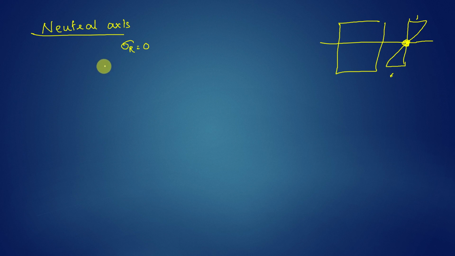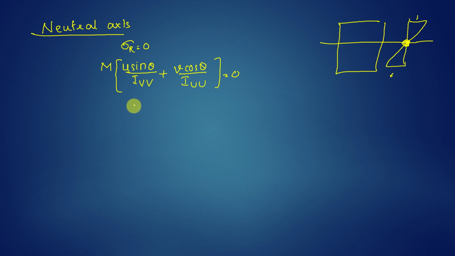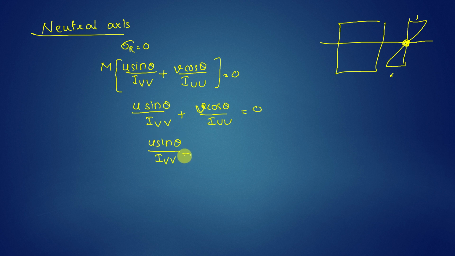What are the stresses we have initially? So M into sigma resultant, we have got as M into u sin theta by Ivv plus v cos theta by Iuu is equal to 0. M multiplied by 0 is 0. So ultimately that is u sin theta by Ivv plus v cos theta by Iuu is equal to 0. So I will write it as u sin theta by Ivv is equal to minus v cos theta by Iuu.